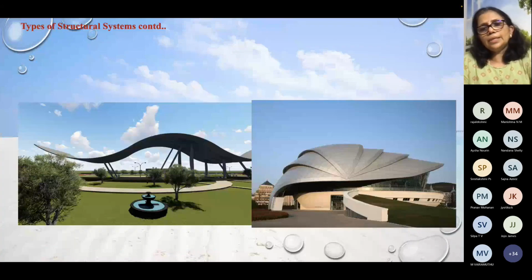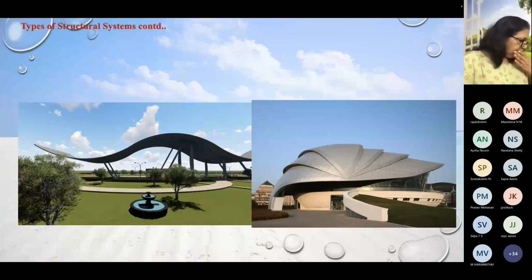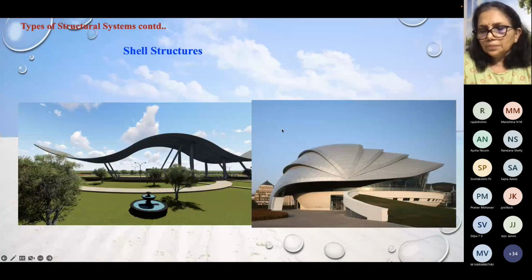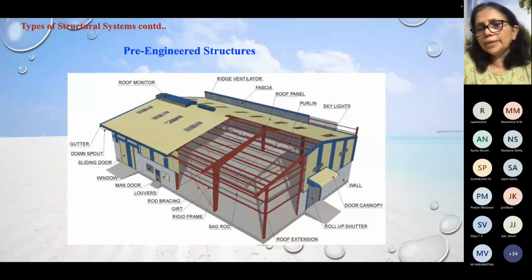Can you see this structural system? These are shell structures. Okay, you can see the shell. These are pre-engineered structures. This is very common nowadays and people prefer this.